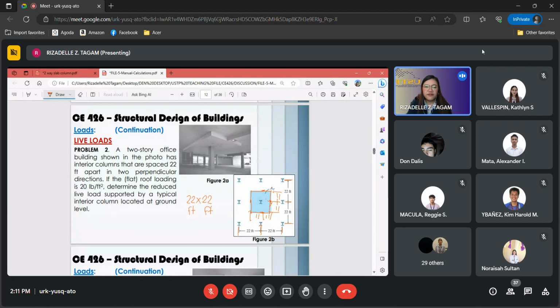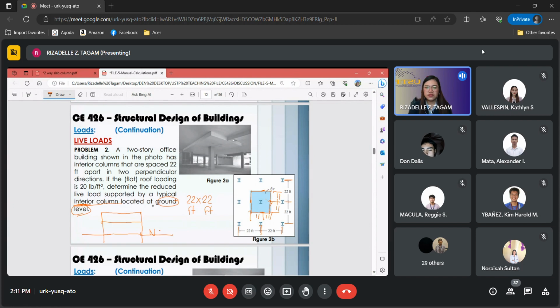Now, if the flat roof loading is 20 pounds per feet squared, determine the reduced live load supported by a typical interior column located at the ground level. So atong computon is the loading nga gina-carry sa column interior nga naa sa ground. Kung atong tan-aw ang building, mo-drawing tag section. Two-story building.